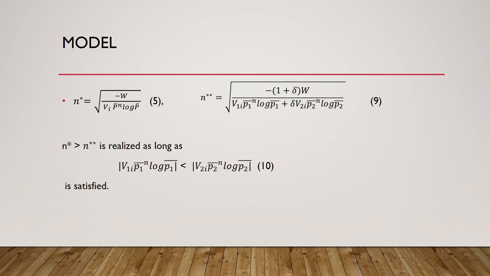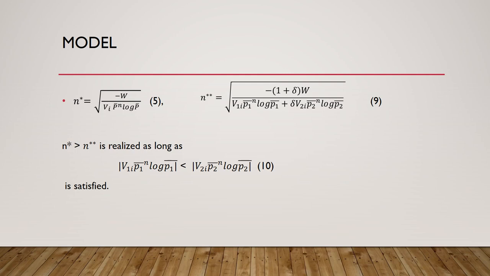From equation 5 and 9, we can obtain the relationship that the value of n star is larger than the value of n double star, as long as the equation 10 is satisfied.